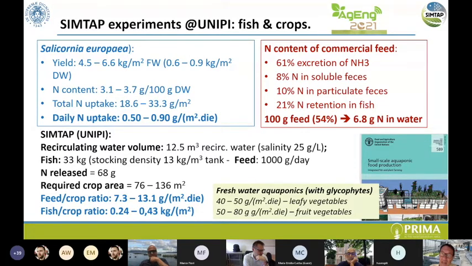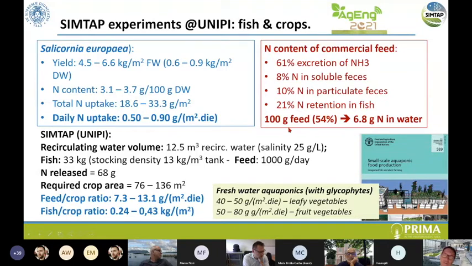And this is a very important parameter because you have to calculate the area to be given to the crop, just to balance the nitrogen chemical element.